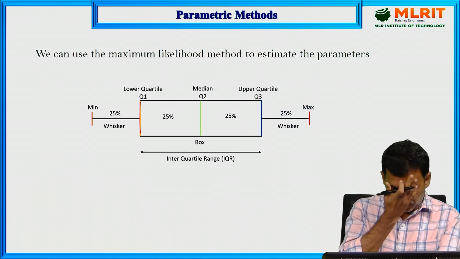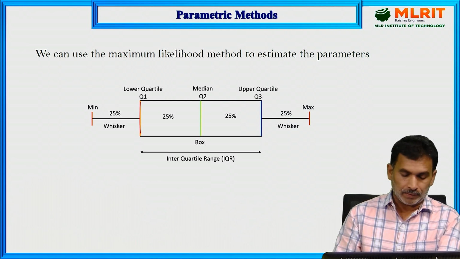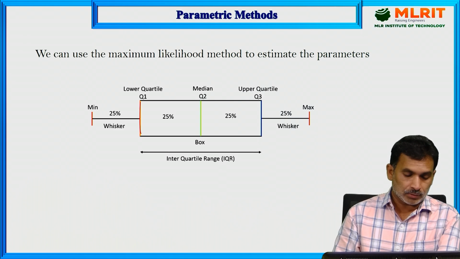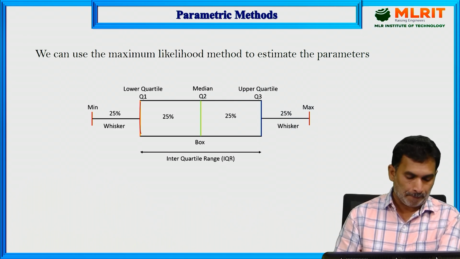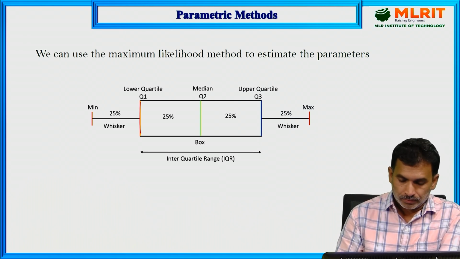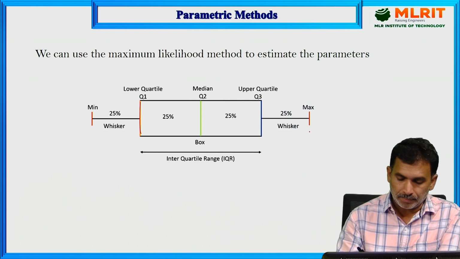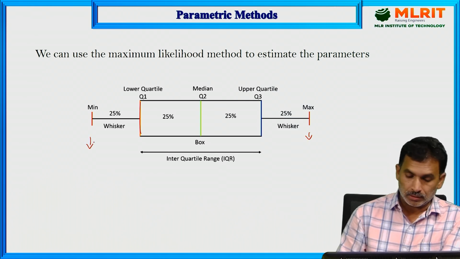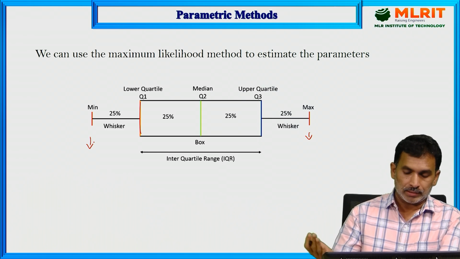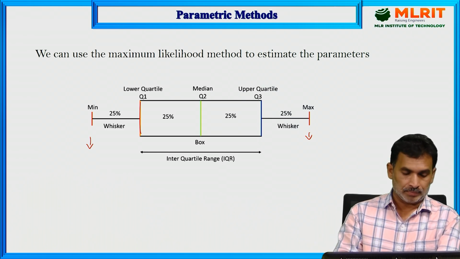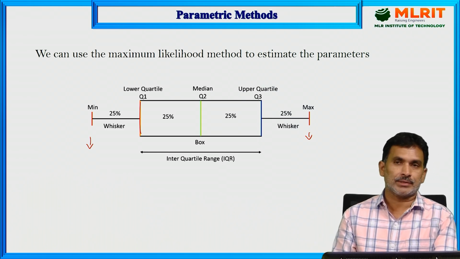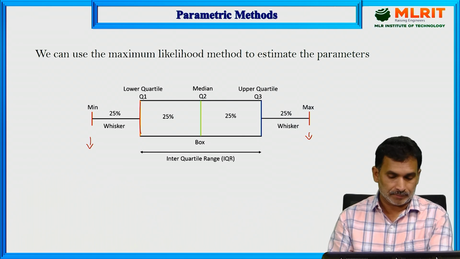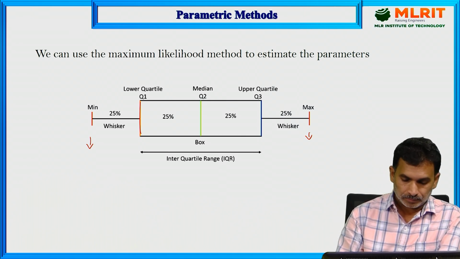A box plot could be constructed for a univariate, single variable, and this is also called a 5-value summary. Here this is the max non-outlier value, and this is the minimum non-outlier value, and beyond the max and below the minimum, up to what level would we consider as non-outliers?